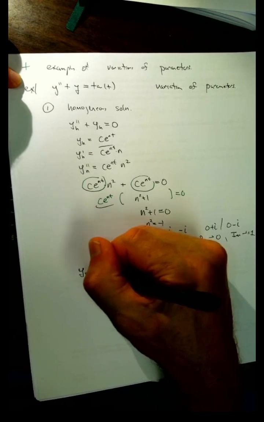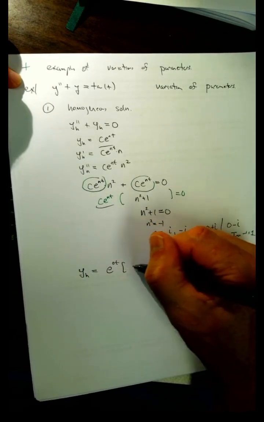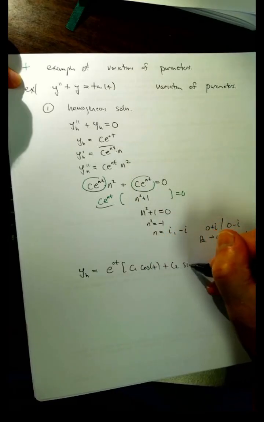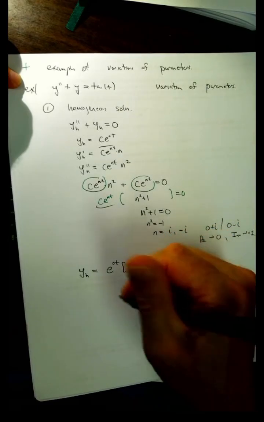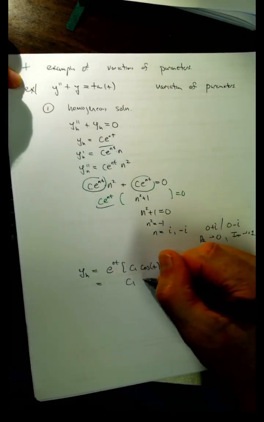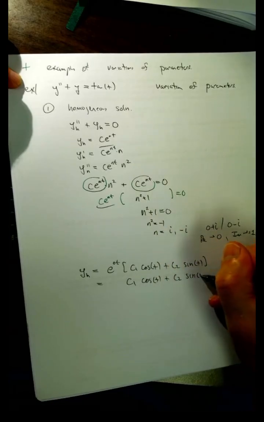So that means my homogeneous solution is going to be e to the 0t times c1 cosine t plus c2 sine of t. And I can clean it up. E to the 0t is 1. So I'm just left with c1 cosine t plus c2 sine of t.